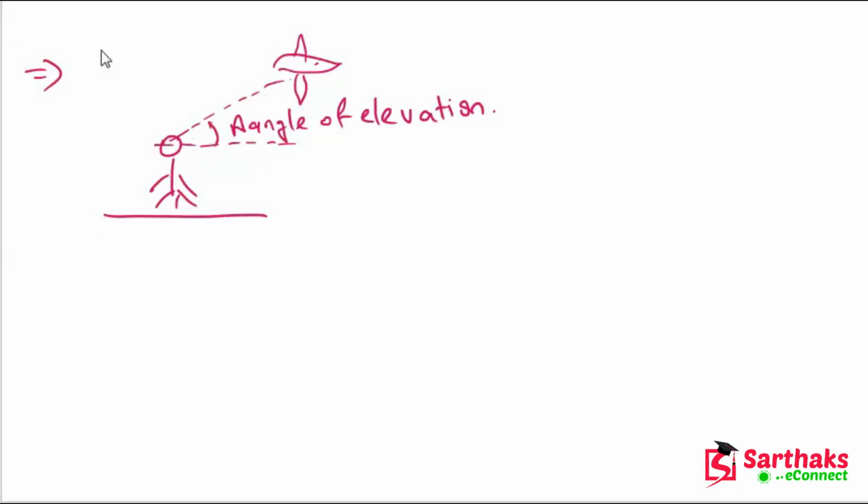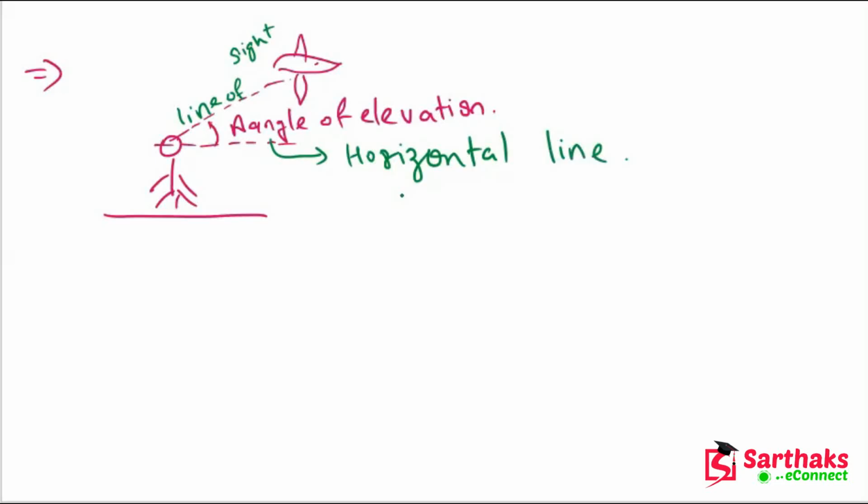As we discussed in the previous lecture, this is our line of sight, and this is our horizontal line. I hope you understand these things.